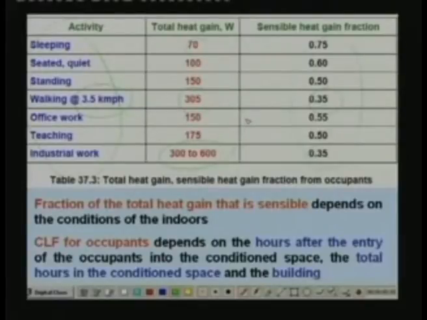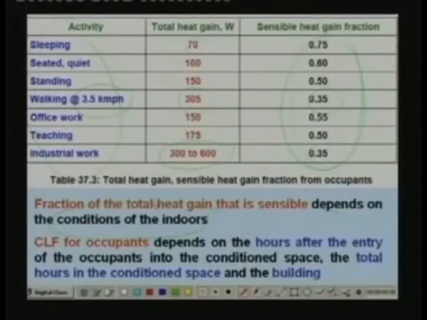One thing you must keep in mind is that the fraction of the total heat gain that is sensible depends very much on the indoor conditions. If the indoor temperature increases, then the sensible heat gain fraction decreases and the latent heat gain fraction increases, and vice versa.